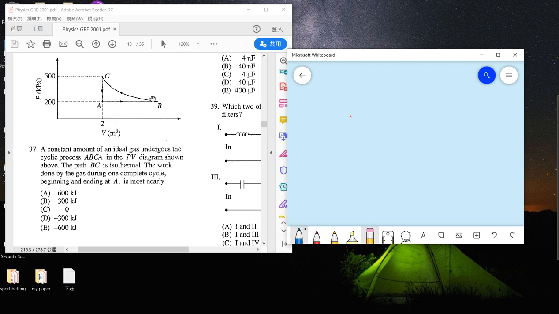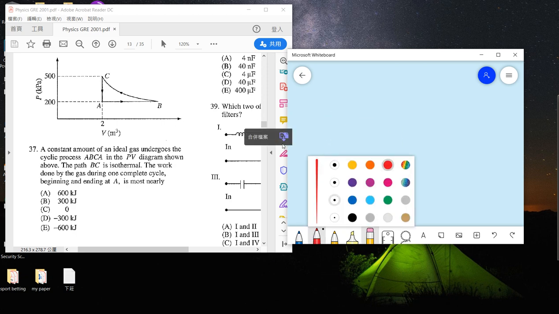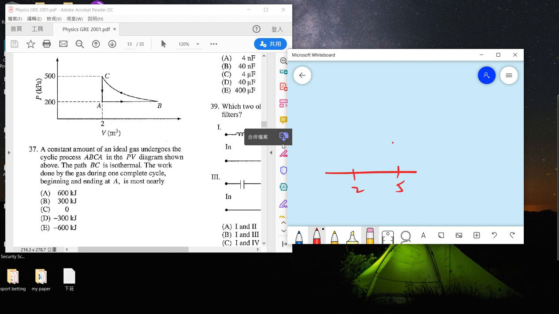So C is the isothermal process, right? That means 500 times 2 is 200 times something, which is 5. So V is from 2 to 5, 200, 500. So the area for this is 3 times 300 divided by 2. This is a triangle area.